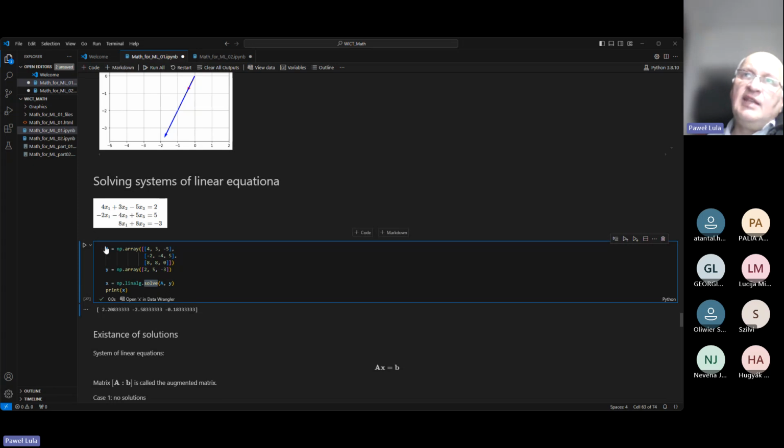The first is the A matrix with the values which we have here. And the second parameter is the vector with constant values. The result is produced, and the result was assigned here to the X object, and I printed it. And the result is here. So I solved this system of linear equations.